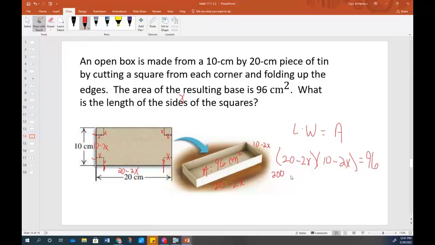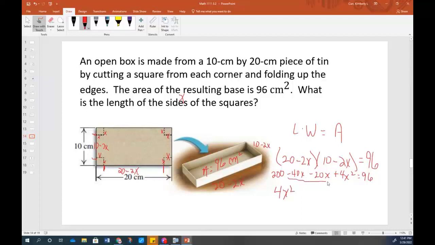first, outside, inside, last, okay, now I'm going to line it up. Here's my squared term. I'm going to write it down first.